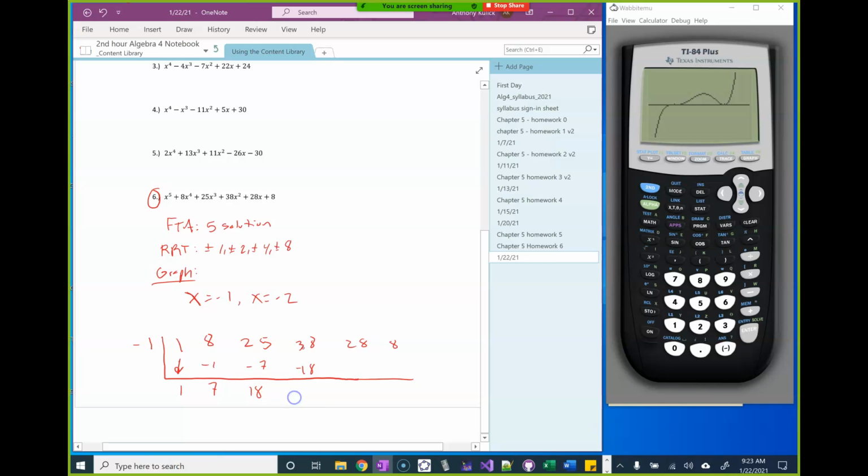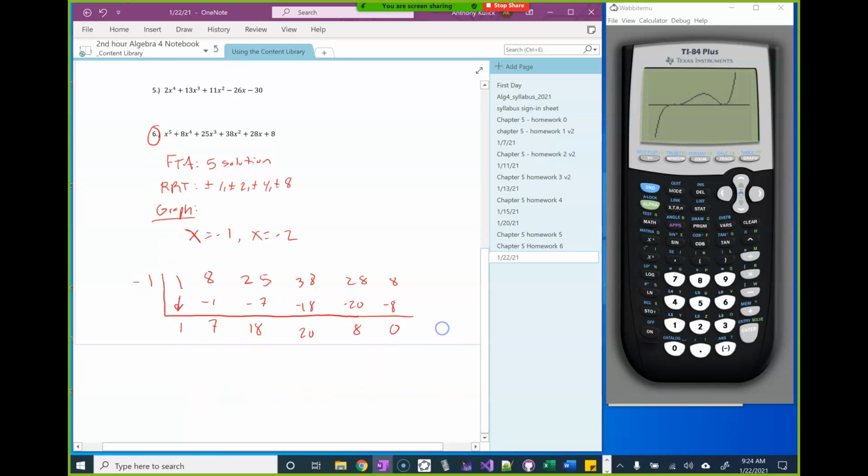Oops, that's a 20 there. Okay, so there's that. We'll do a -2.